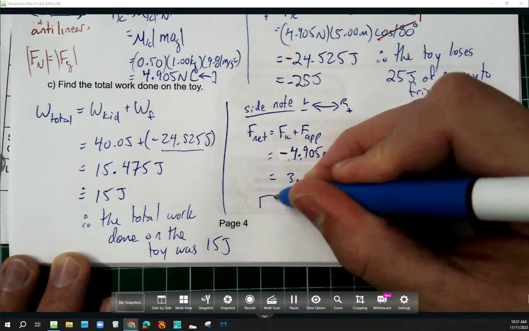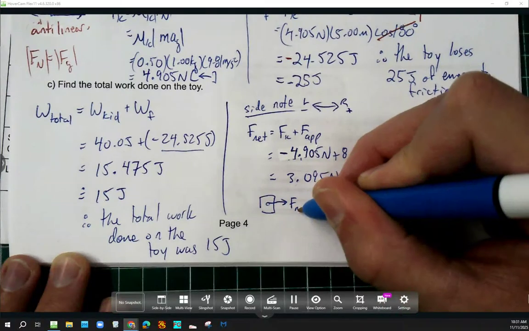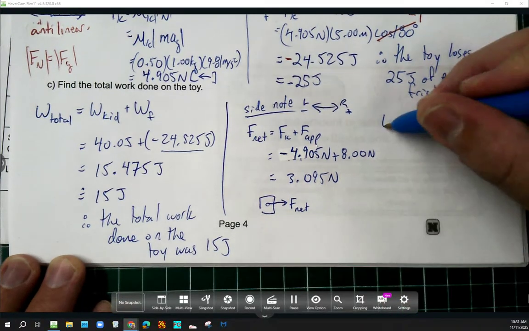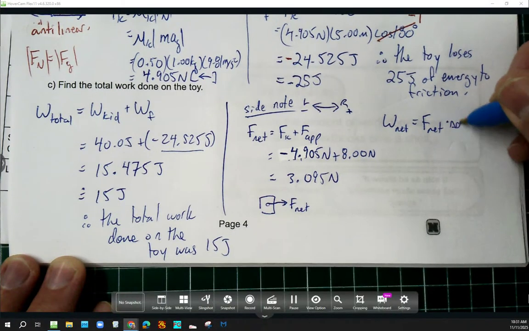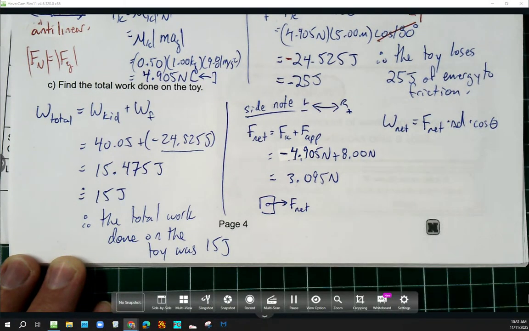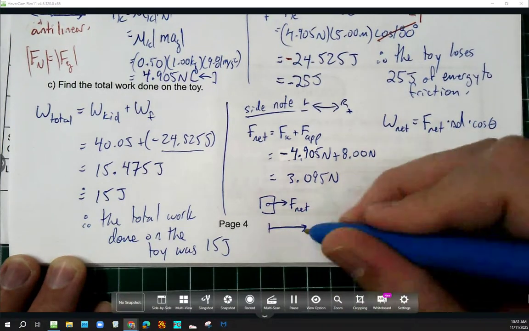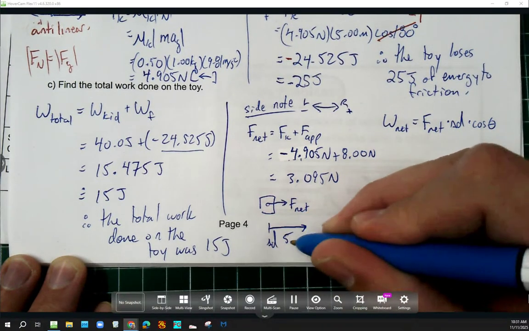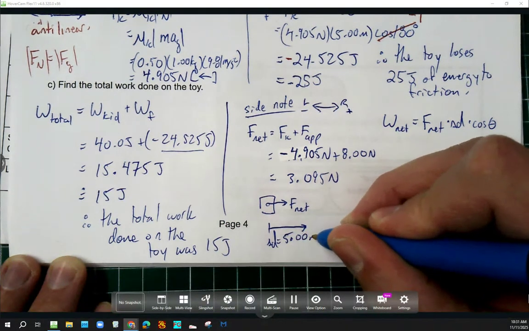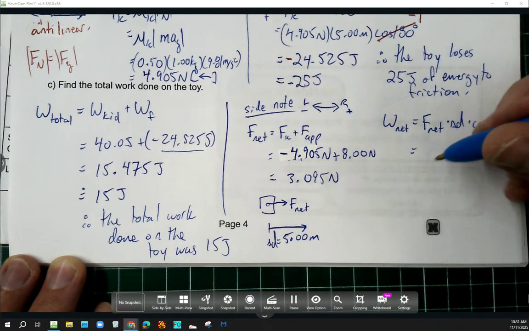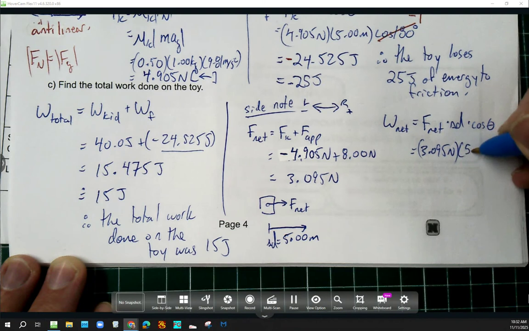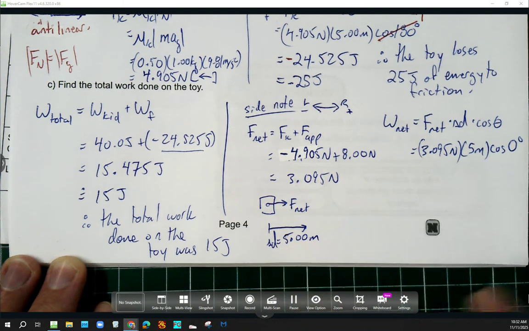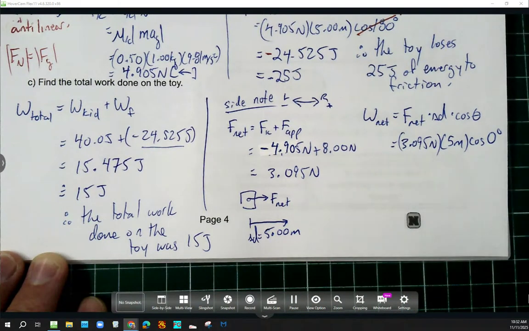And if I were to think about that F net acting on that box, I would ask, what's the net work being done? Well, that would be F net times displacement times cosine of theta. Doesn't the box still travel the 5 meters? So when I sub these values in, F net was 3.095 newtons times 5 meters times cosine of 0 degrees, because F net and the displacement are collinear with each other, so cos of 0 is 1.